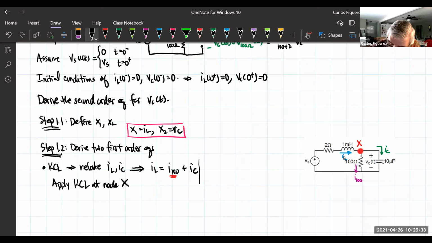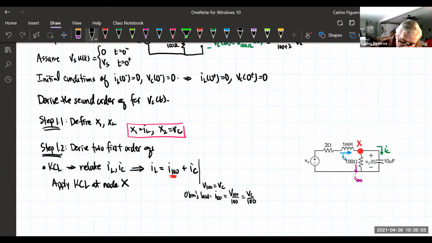Since it's in parallel to this, the voltage of the 100 is the same as VC. So I'm going to use Ohm's law, and then the current through the 100 has to be the voltage of the 100 divided by 100, which is the same as VC divided by 100.